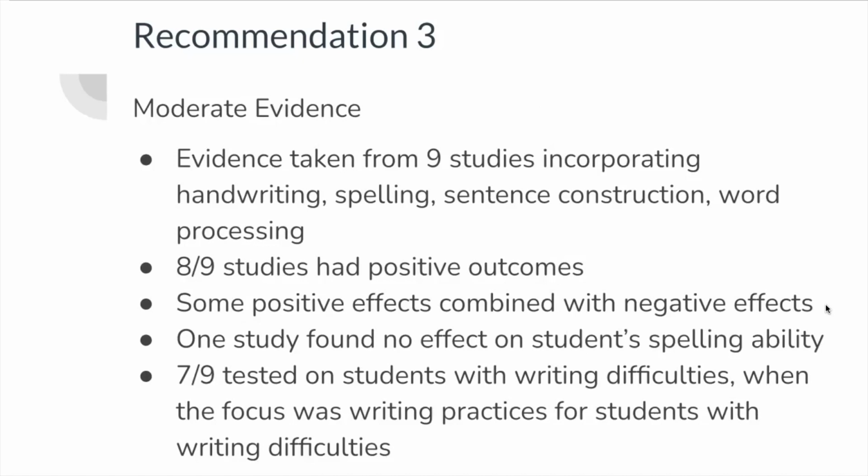Some positive effects were also combined with some negative effects, further stating why this received moderate evidence, and one study did find no effect on a student's spelling ability. 7 out of 9 studies tested on students with writing difficulties, when the focus was writing practices for students with writing difficulties. Therefore, again, receiving moderate evidence because not all of these studies had participants who had shown writing difficulties previously.